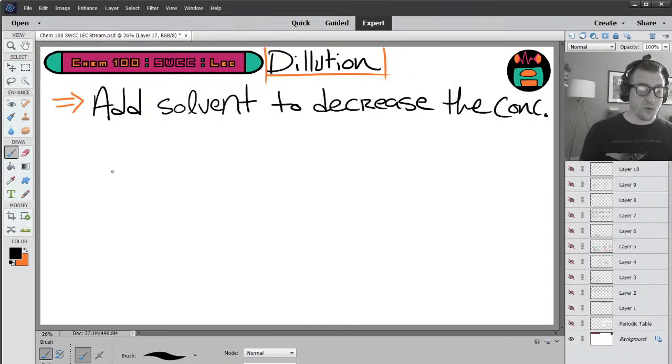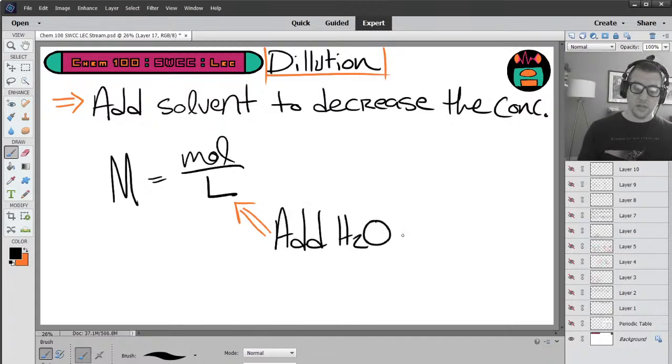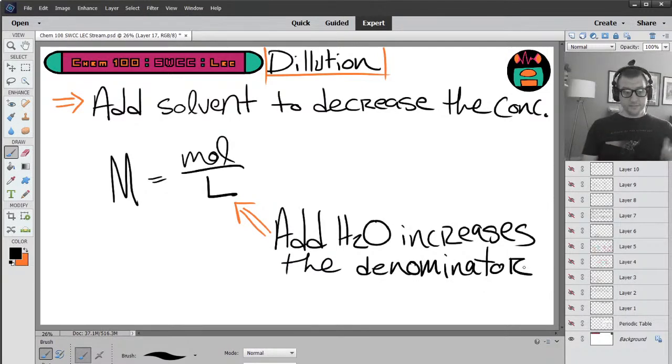All right, so if you take, for example, molarity, which equals moles of solute over liters, adding water increases the denominator, and what happens when your denominator gets bigger? Your value gets smaller.